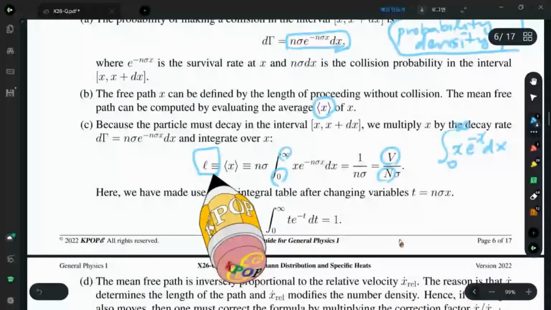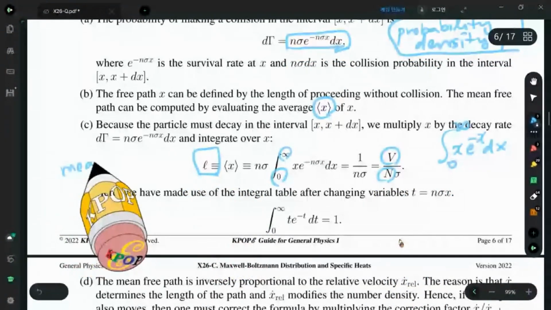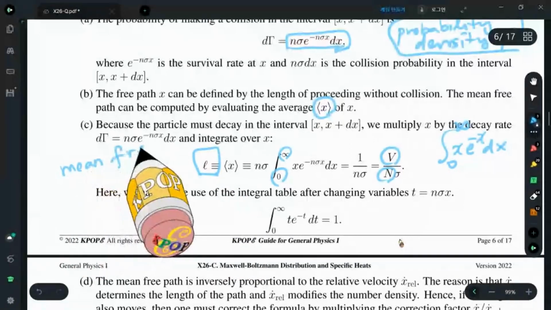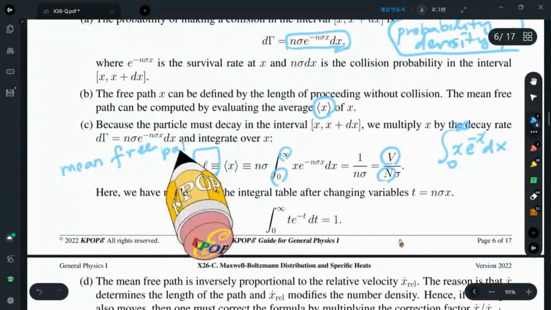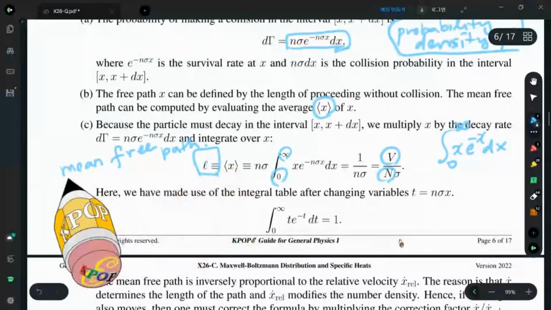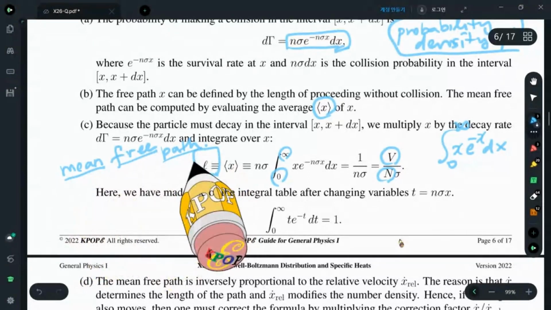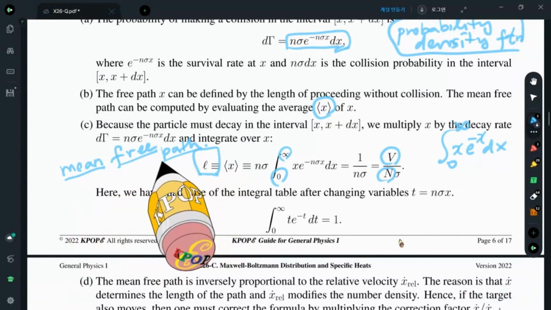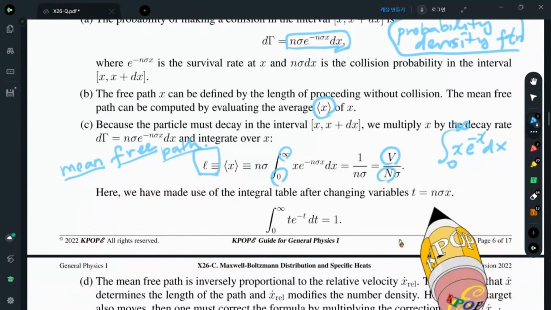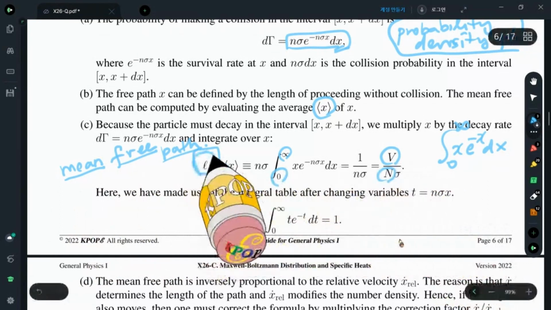This is called the mean free path, the average free path. So on the average, particles may survive until this length.